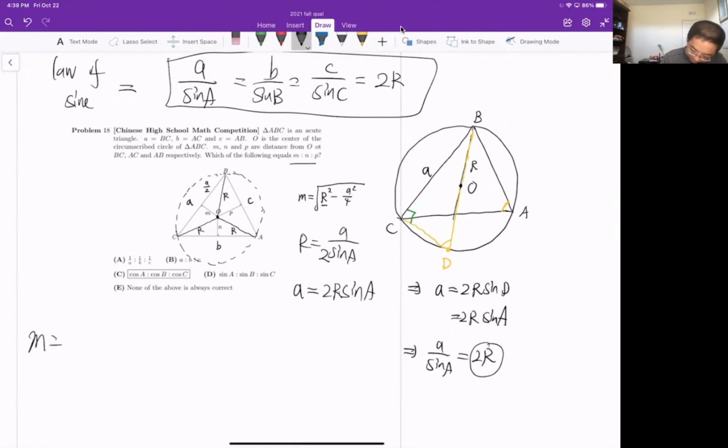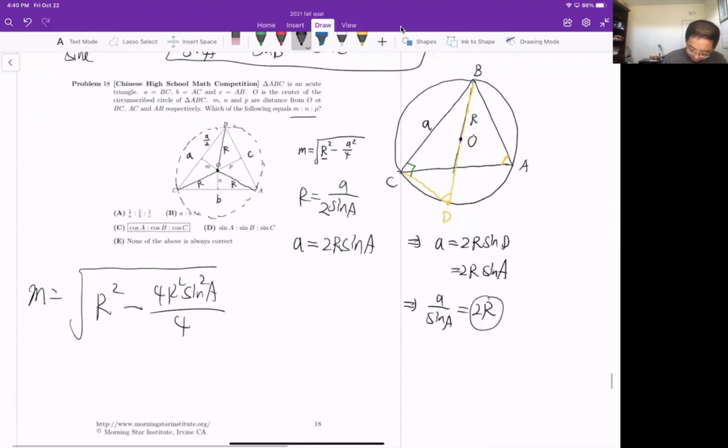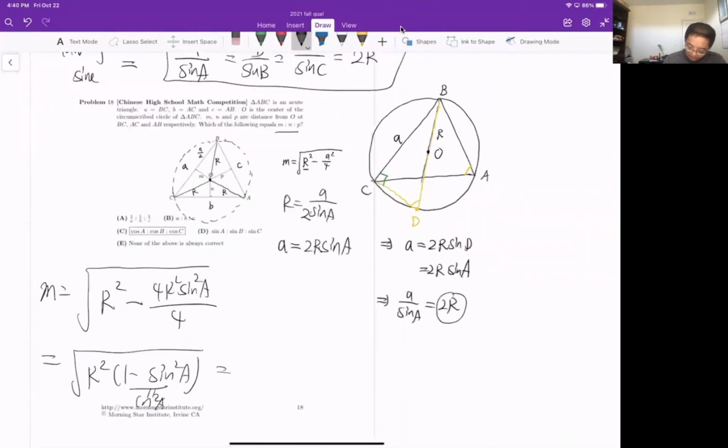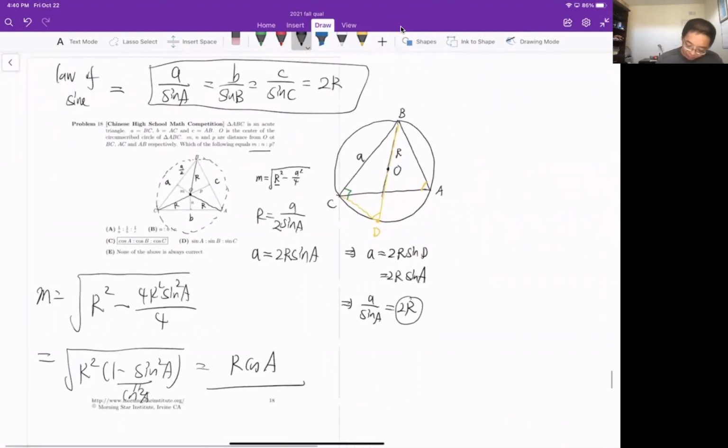So okay, we have N equals the square root of R squared minus 4R squared times sine squared A, all over 4. All right, so we just get R squared times 1 minus sine squared A. Okay, so this guy we know is cosine squared A. So when we express those things, we find this is just R times cosine A. Okay, so the point is we get expressions of those three numbers M, N, and P. So N equals R times cosine A, right?